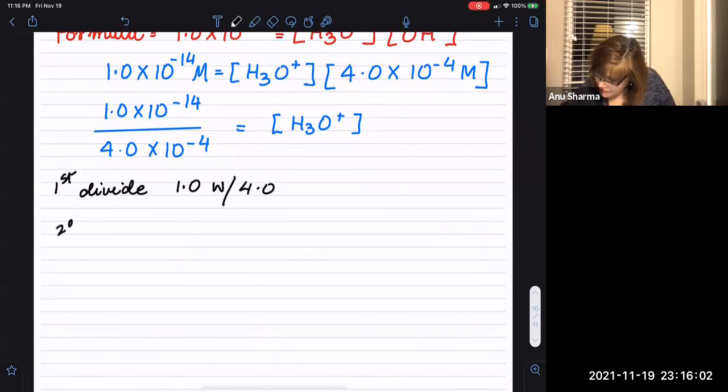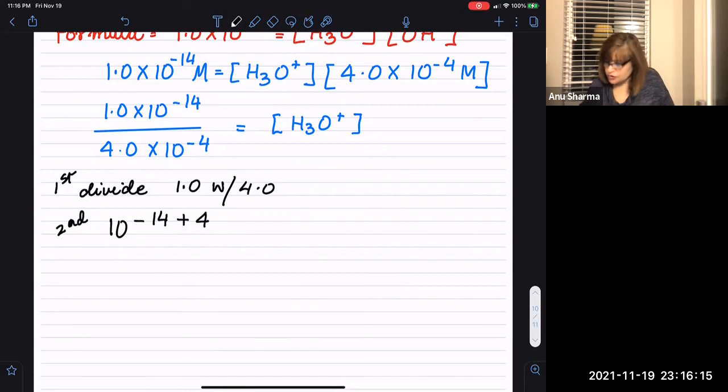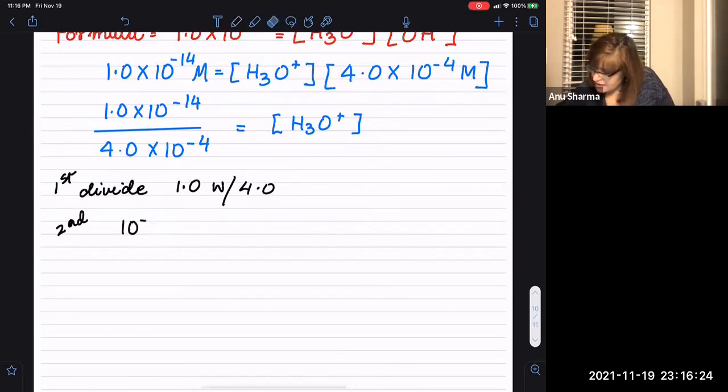Second, 10 to the power negative 14 is actually dividing by 10 to the power negative 4. So in reality, that's what the fraction is. I'm just reviewing your math skills.